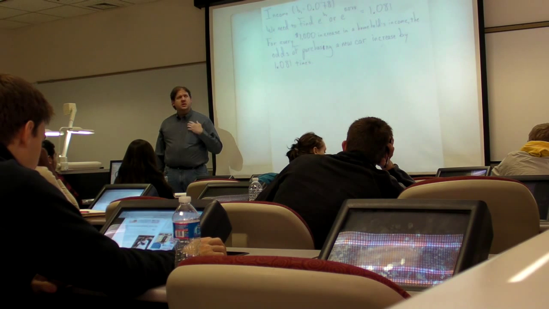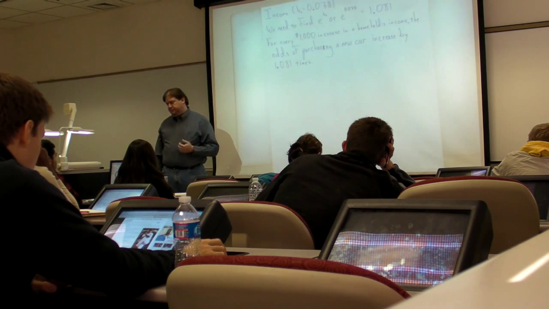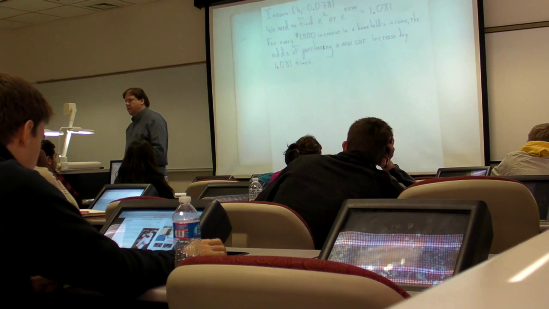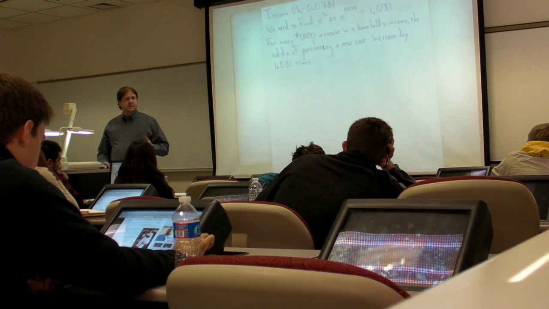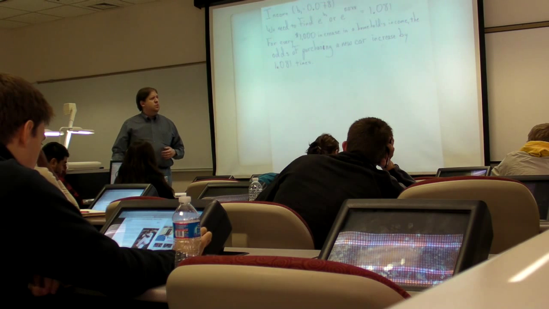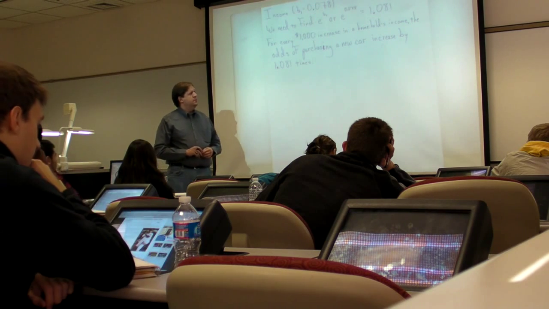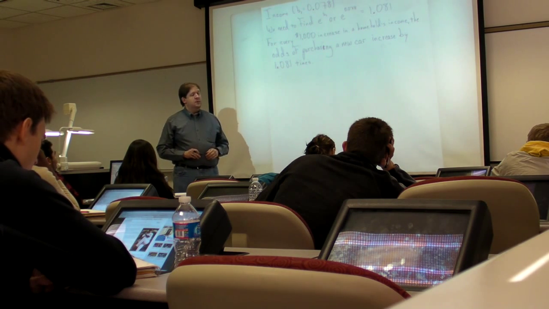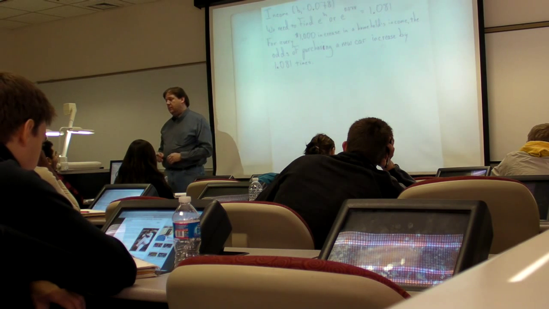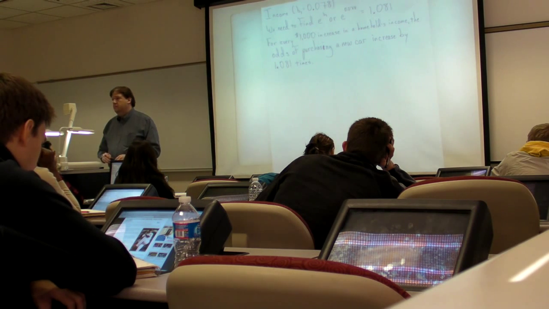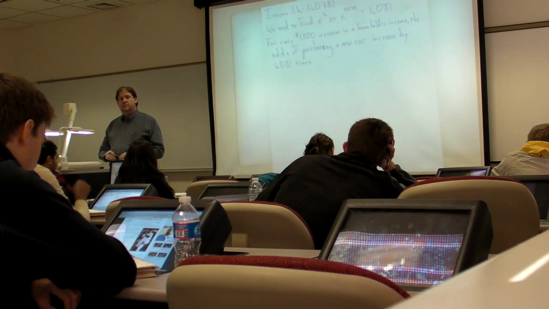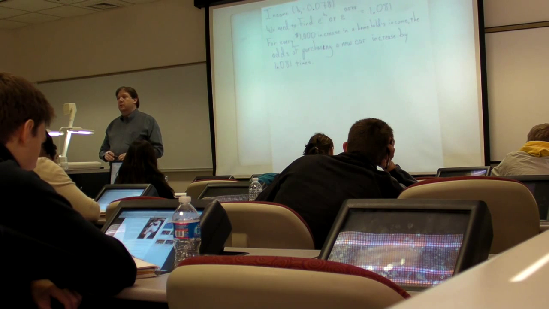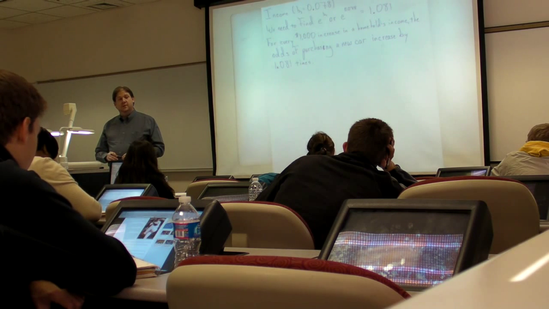In a way you have to work through the math. If a family has a 20% chance of purchasing a new car, then you just multiply it by this 1.081. Questions? Remember, you're not only asking questions for your class, you're asking questions for the 330 class.